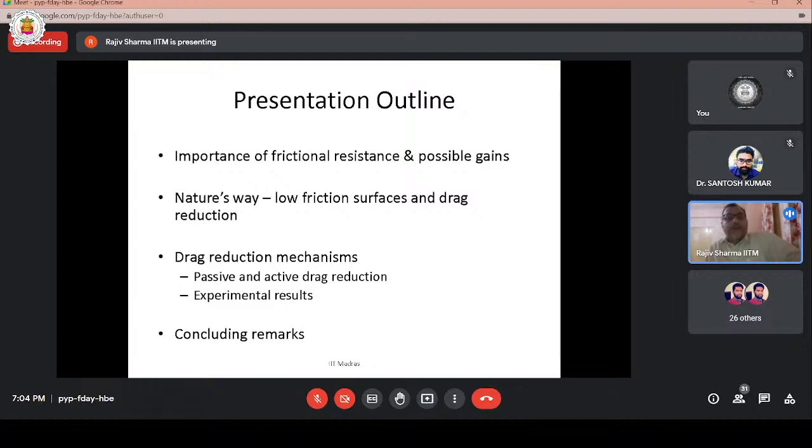For example, we talk about car, aircraft, ship. So, in the broader sense of mechanical sciences, there are three major structures which are dominated by drag.